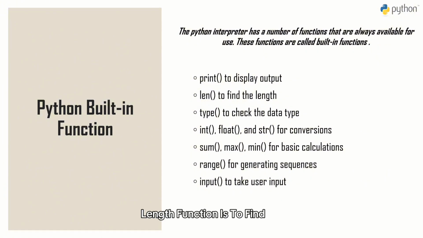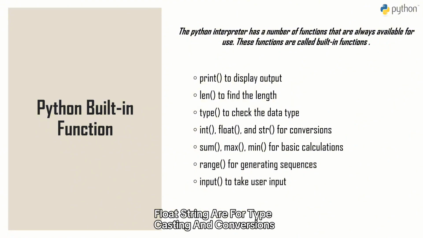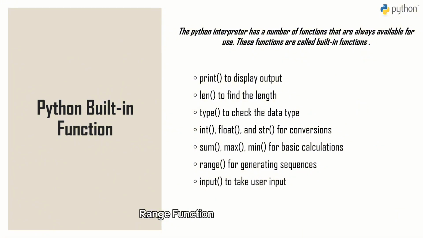Len function is to find the length. Type function is to check the data type of a data. Int, float, string are for typecasting and conversions. Sum, max, min for basic calculations. Range function for generating a sequence, input function to take user input.